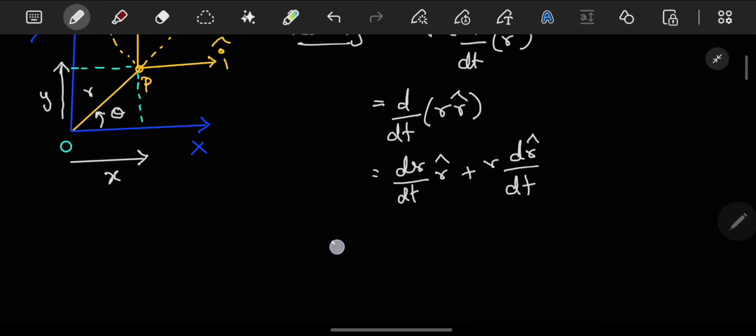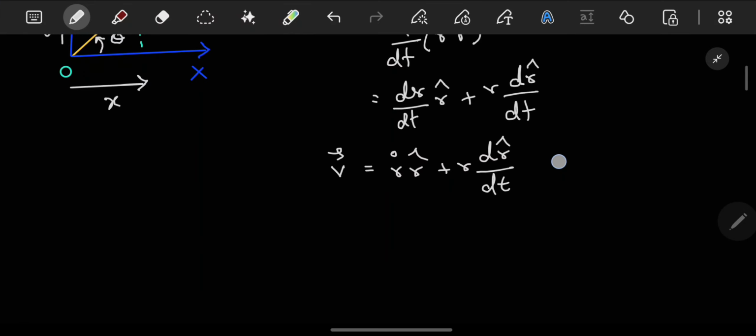This can be written as v vector is equal to r dot r cap plus r into d r cap divided by dt. Here we know the value of r cap, but we have to calculate the value of d by dt of r cap. Let's calculate.